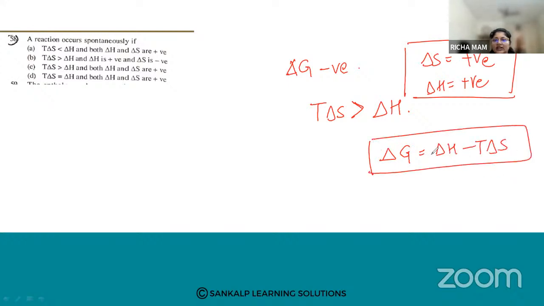So for a reaction to be spontaneous, delta G should be negative, and if delta H is positive, then T delta S should be more, then this will be negative. So which is the answer?